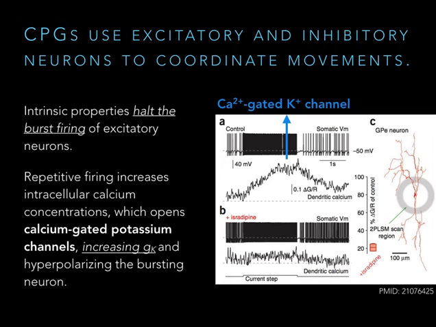All right, and we can see the data here. In panel A, we're looking at a normal burst that turns itself off. And below that, they're plotting the intracellular calcium levels that they recorded with a calcium-sensitive dye. In panel B, they've applied the voltage-gated calcium channel inhibitor isradipine.